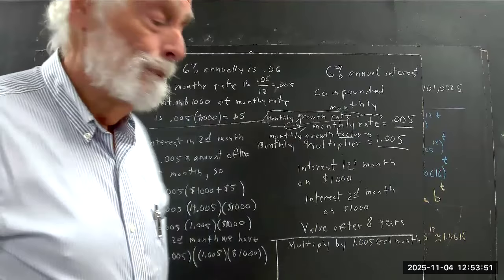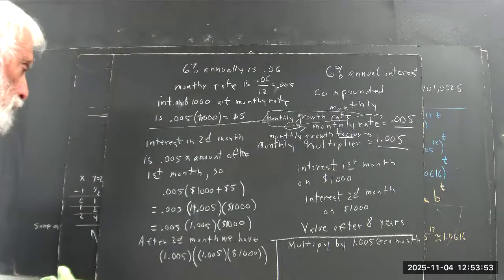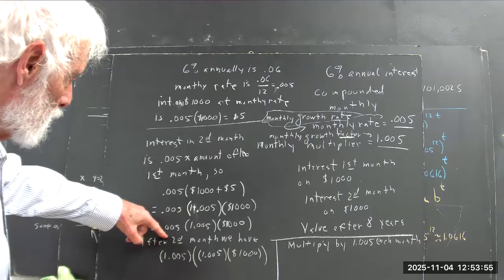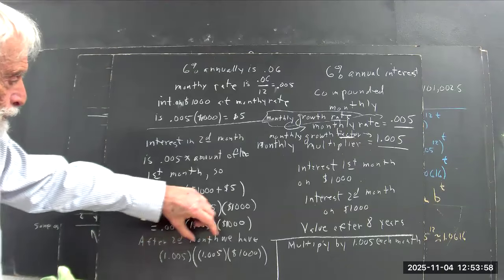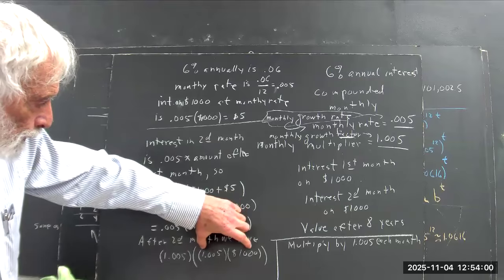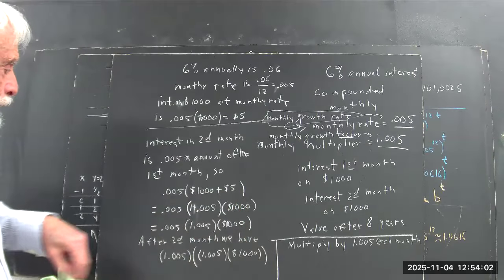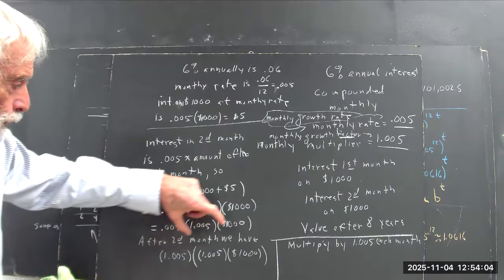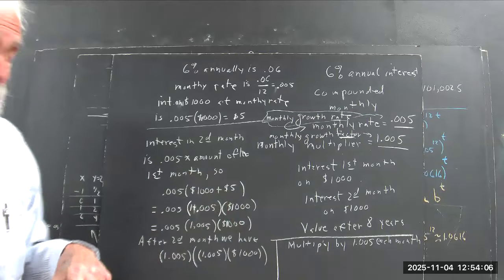Now let's see how that works. Let's go back to this. After the first month, we had 1.005 times $1,000. And after the second month, we have 1.005 times that, right?